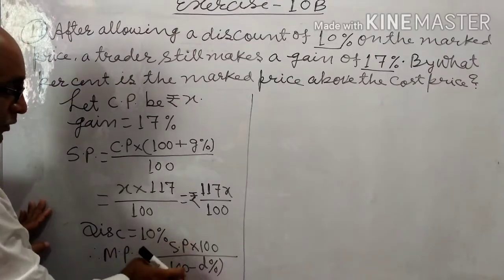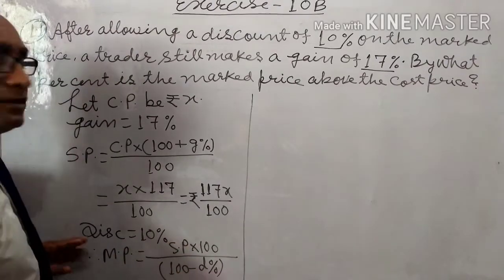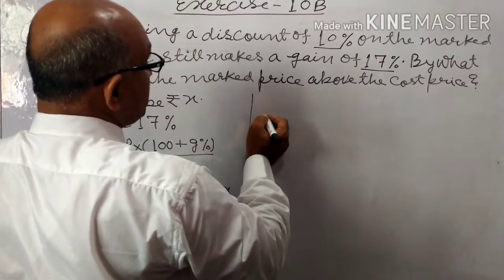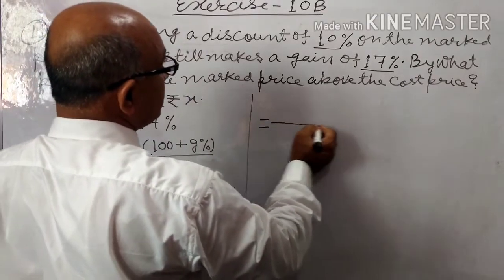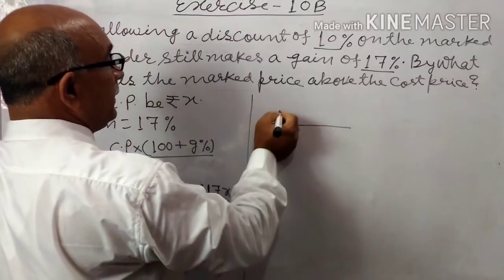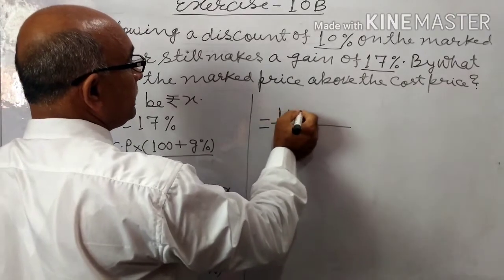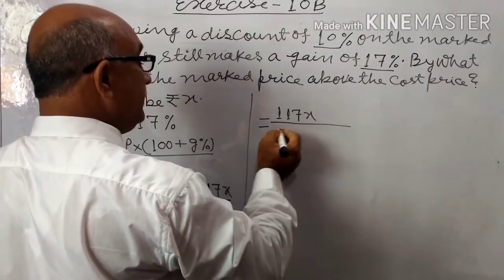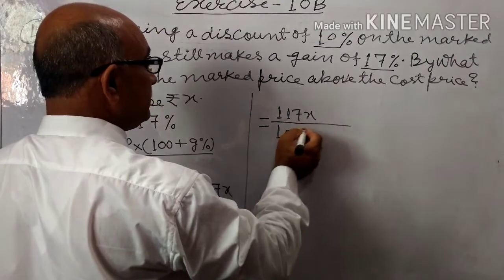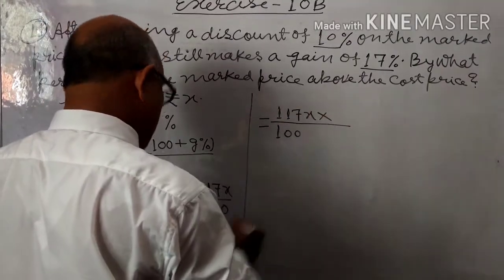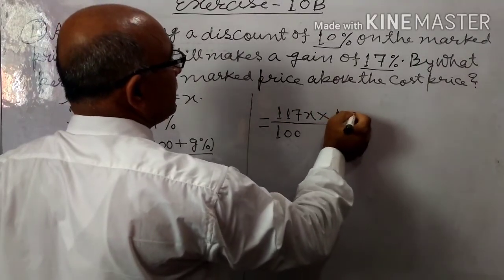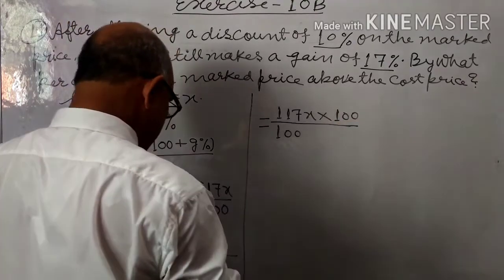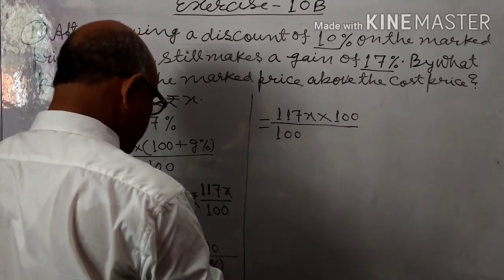SP equal to 117x by 100 into 100 by 100 minus discount.